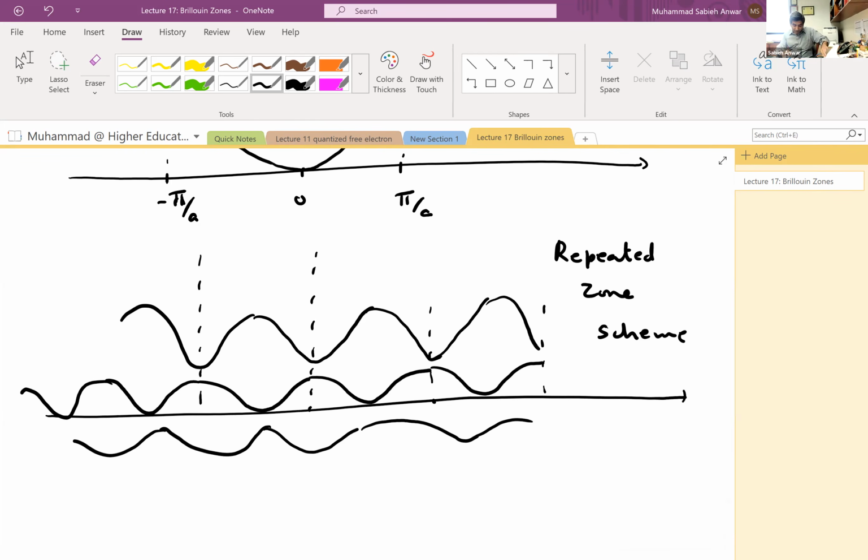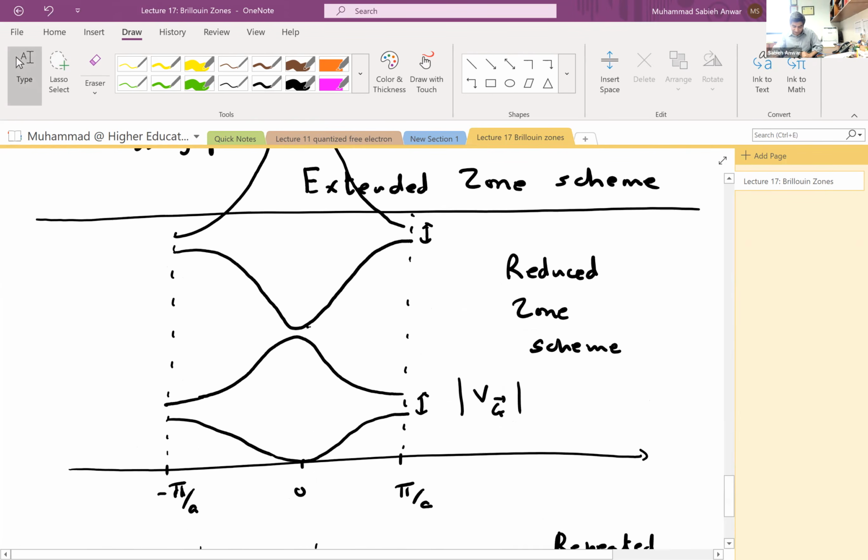So now what we have here, these points here. If we consider the reduced zone scheme, we have possible energy values that lie on this curve, and then another possibility of energy values. These strings, these possible energy values, are generally called bands.